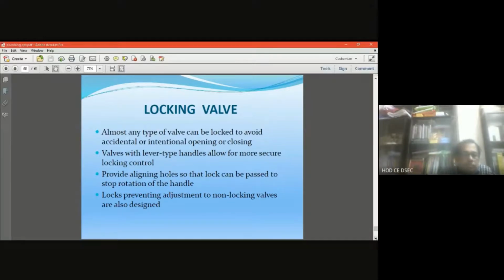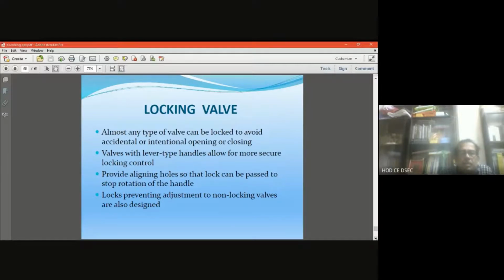Now the locking valve. Almost any type of valve can be locked to avoid accidental or intentional opening or closing.